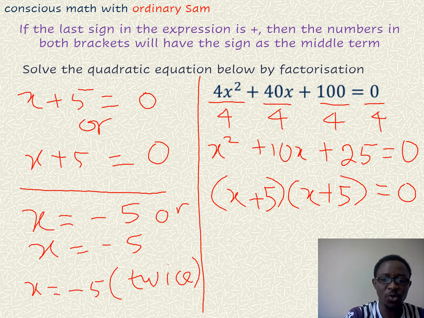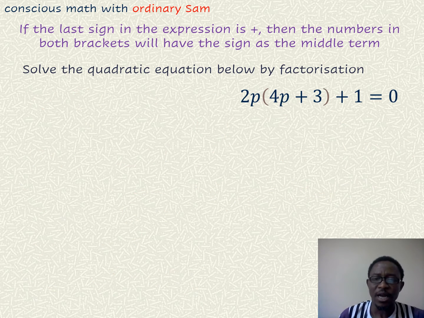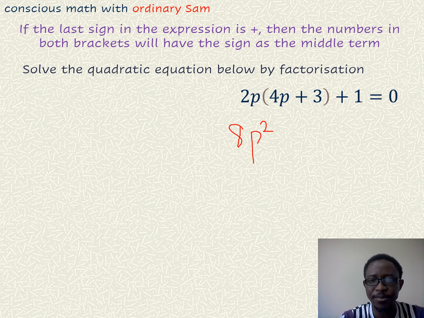That is also allowed. Our second example is this. In this case, I would advise that you expand the bracket first and foremost. So expanding this bracket, 2p multiplied by 4p becomes 8p squared, plus 2p multiplied by 3, 6p, then plus 1 is equal to 0.